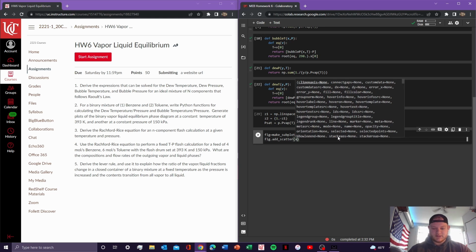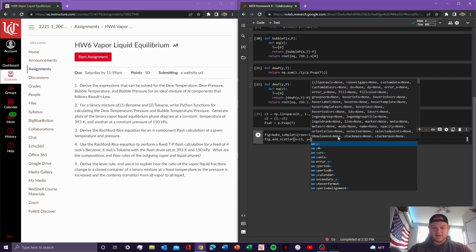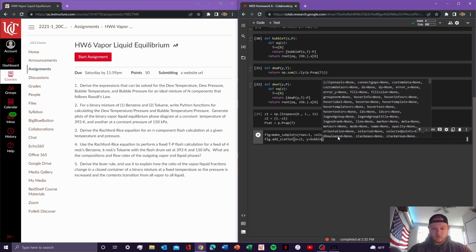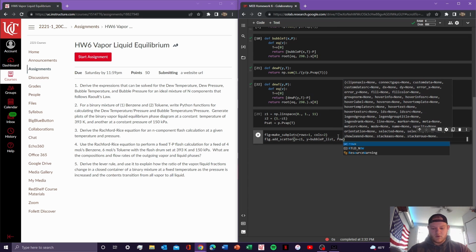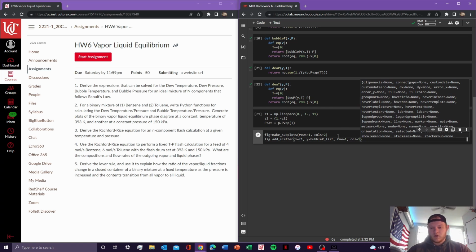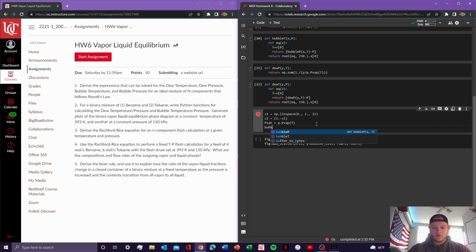Our x-axis is always going to be Z1, and then for this one our y-axis is going to be bubble P list. We want this to be row, column. Alright, I'm not going to shift enter that yet because I know it's not going to work. So I need to figure out what's the problem with our bubble P list here.